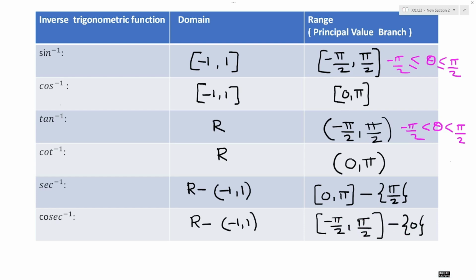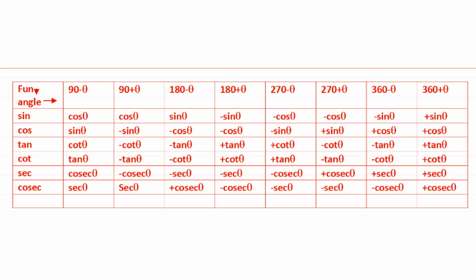We are going to solve problems to find the principal values of various inverse trigonometric functions. For that you need a chart, so I request you to pause the video for a while and write down this chart in your notebook. You need to write one more chart in your notebook. This is basic trigonometry.